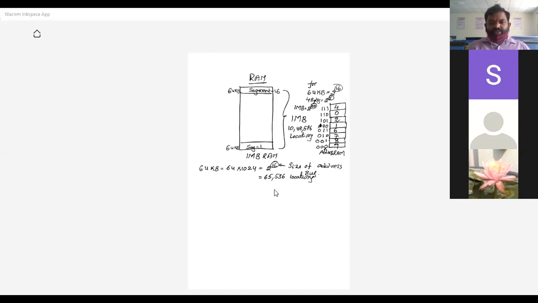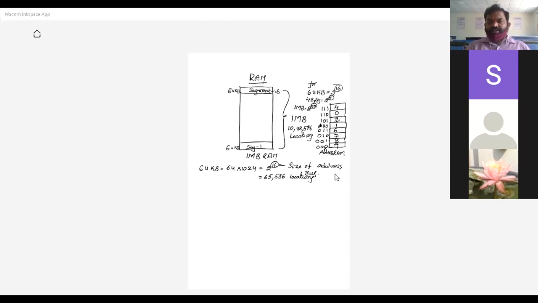Same concept here also. These many memory locations will be there. 65,536 memory locations if it is 64 KB. 8085 RAM capacity is 64 KB. 8086 is 1 MB RAM. 1 MB is nothing but 10,48,576 memory locations. For example, in one classroom or college, 10,48,576 students were there.